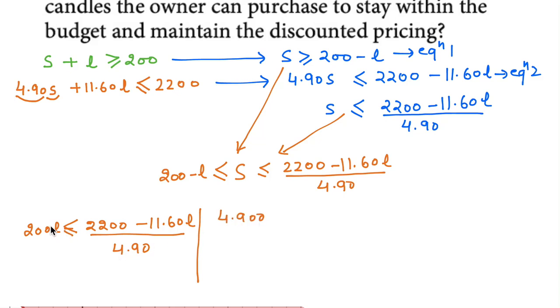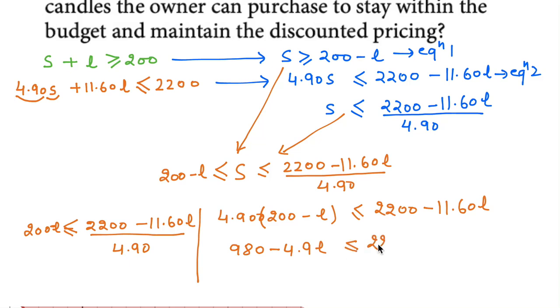So 200 minus L, my bad, 980 minus 4.9 L is less than or equal to 2200 minus 11.60 L.